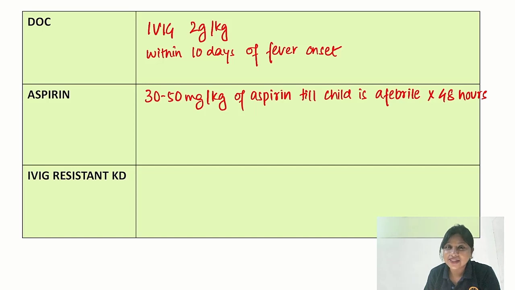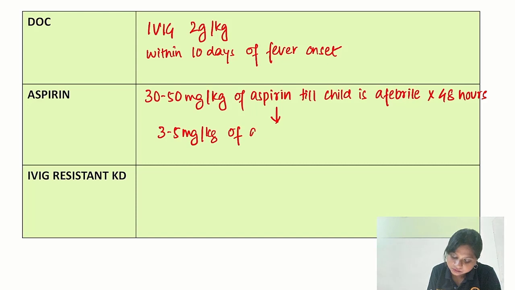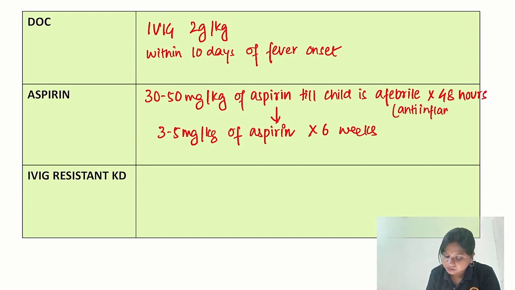And once the child is afebrile for 48 hours, you start 3 to 5 milligram per kg of aspirin for 6 weeks. So the high dose which you give initially is basically anti-inflammatory, and later the dose of aspirin that you give is antiplatelet.